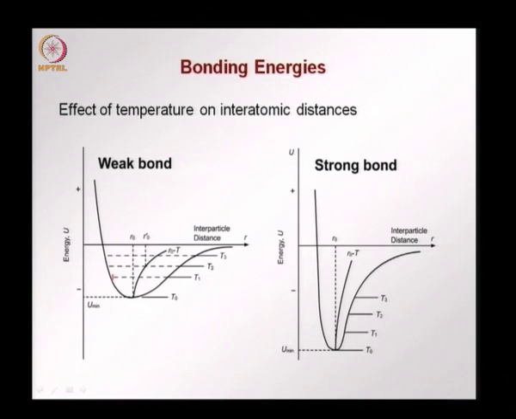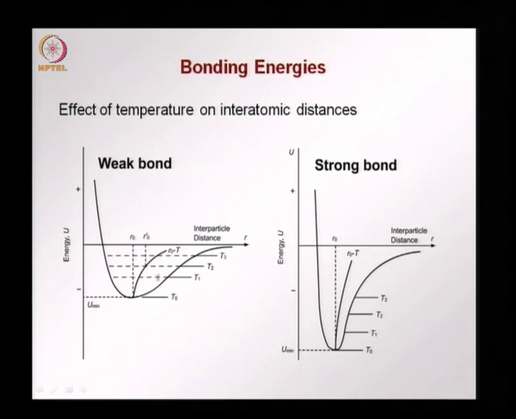So, this explains that there is an oscillation of movement of particles at any temperature above the absolute 0 temperature over a certain region. At T1 the particles can be oscillating with separations over this distance.